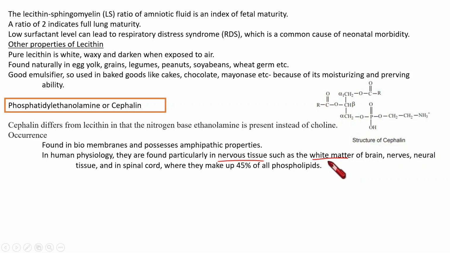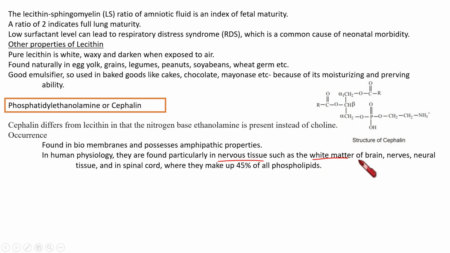Also, this white matter is mainly composed of the axon, the nerve axon portion. We know that axon is mainly covered with the myelin sheath. And as it is part of the axon, it can transmit signals from one neuron to another. That is that area.